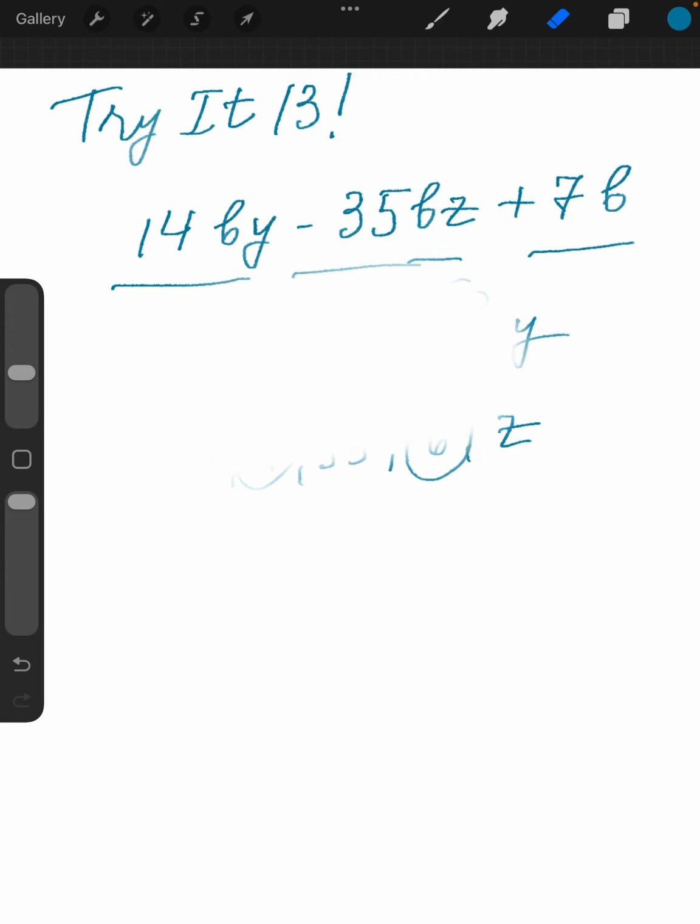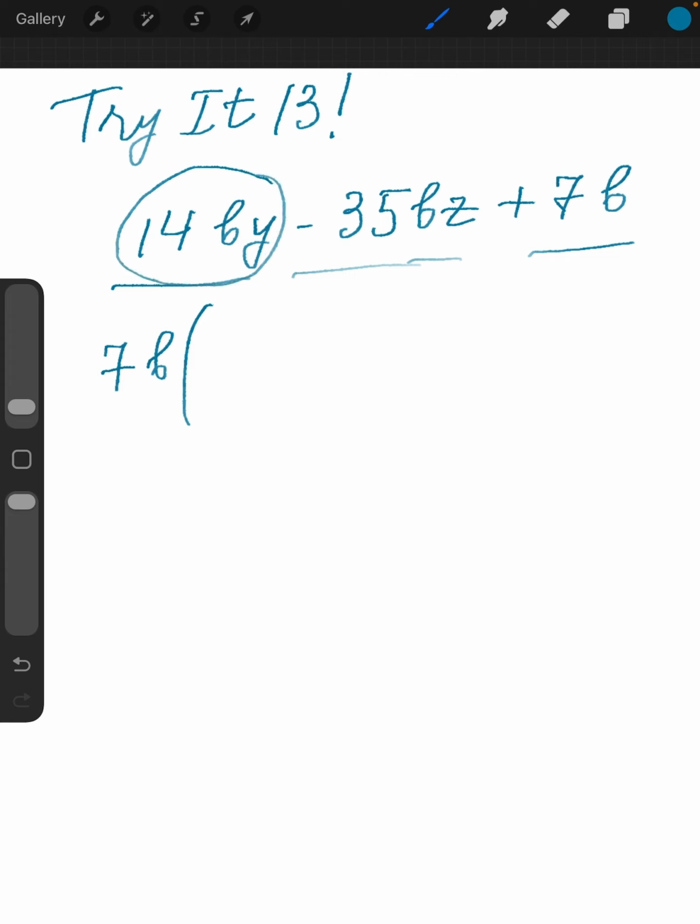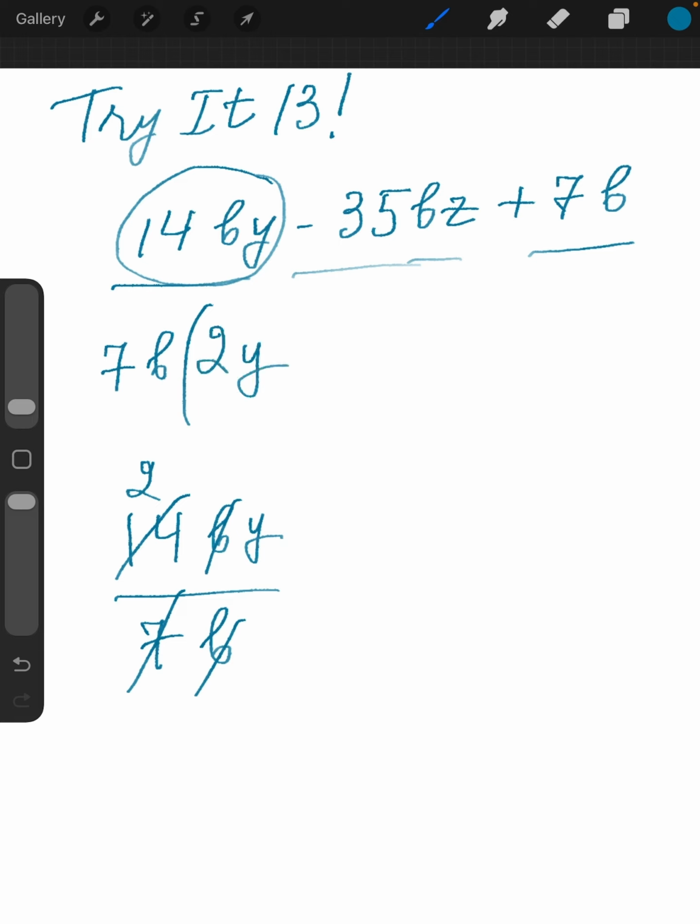So remember, we're taking out 7b, right? We just determined that, okay? So we took out 7b. And then let's see what's left over once we divide 14by by 7b, right? Okay, we simplify, and what's left is 2y, right?